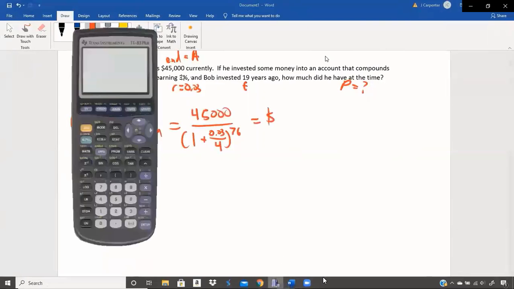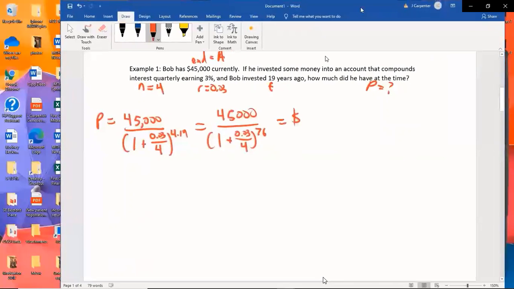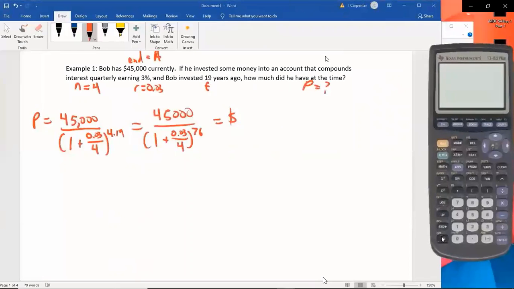So if you don't have a graphing calculator, you don't necessarily need one. A scientific calculator will get the job done, but a 4-function calculator is going to start giving you complications along the way. So 45,000 divided by 1 plus 0.03 divided by 4. Close it.